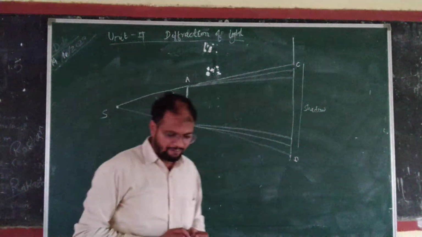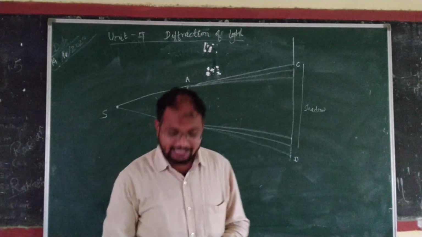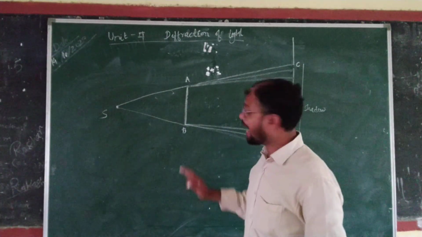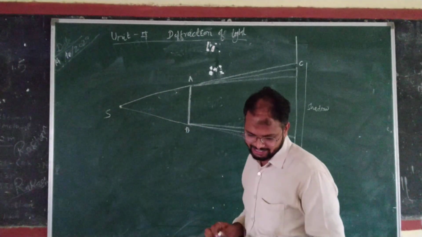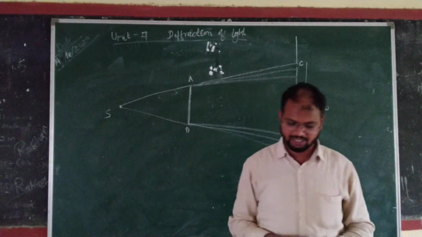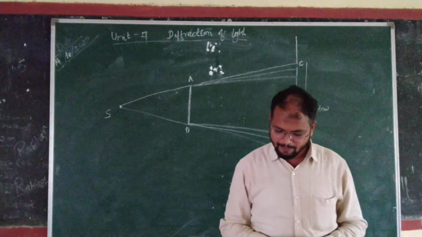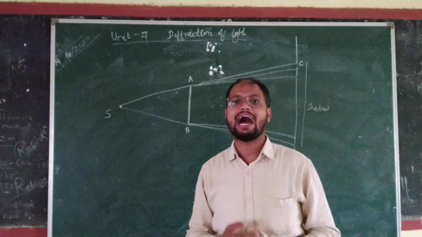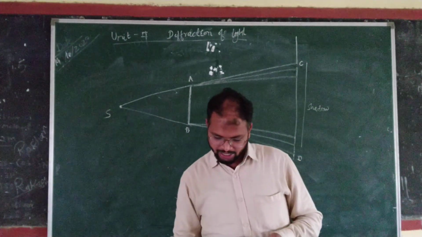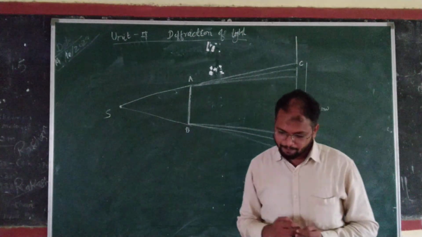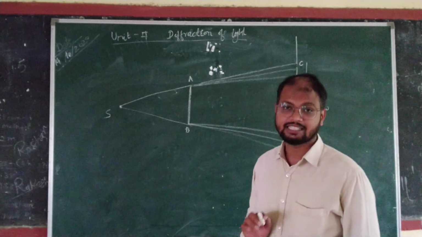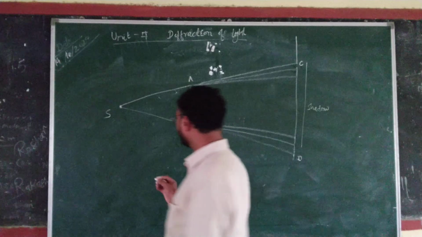It means, when waves come across an obstacle or opening of an obstacle, they bend round the edges of the obstacle, and if the dimensions of the obstacle are comparable to the wavelength of the wave, the bending of waves around the edges of an obstacle is called diffraction. What is diffraction?